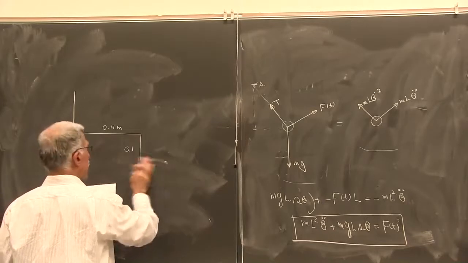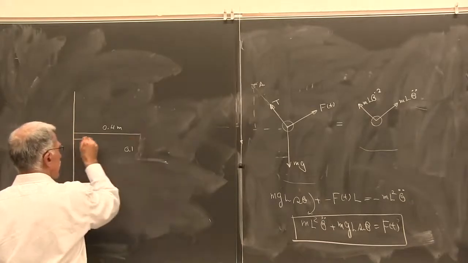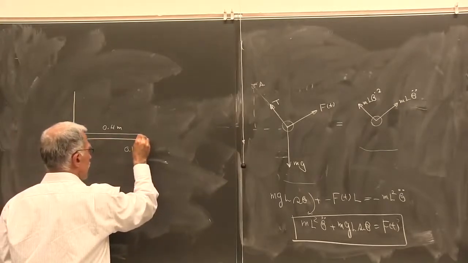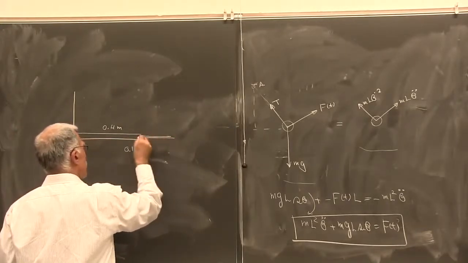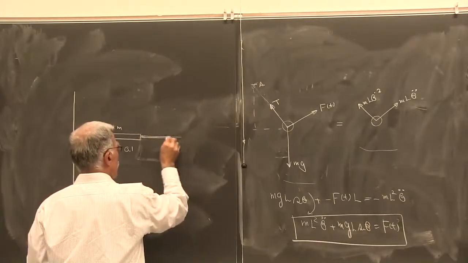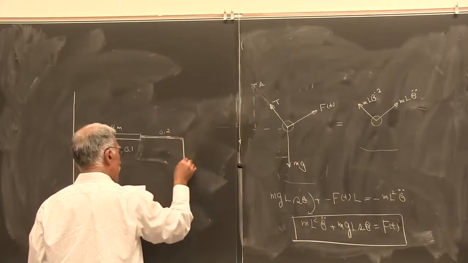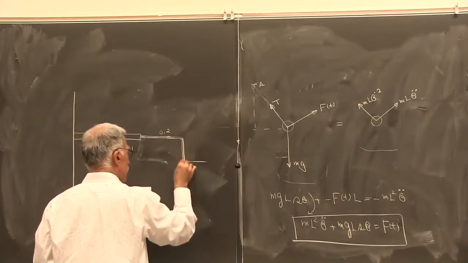Well, no, I think here 0.4 meter. Then you have something that is rotating here, so you have another arm going up here. Maybe there is a motor here that rotates this one, and that goes 0.2 meter, and then it comes down.